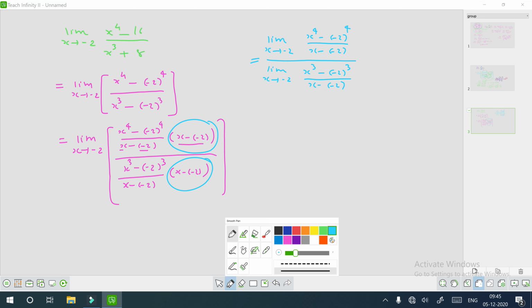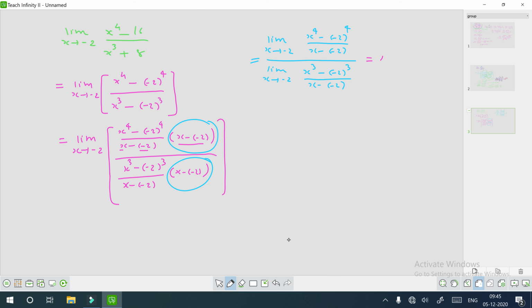Now it is of the form that is equal to 4 into minus 2 cube, 3 into minus 2 square. So 4 into minus 8, 3 into 4. So what we get? Minus 8 by 3.